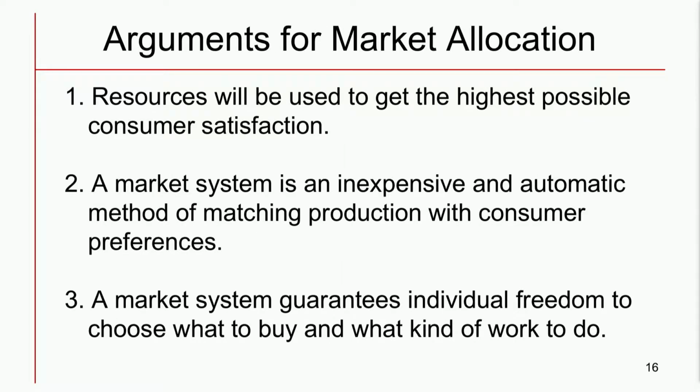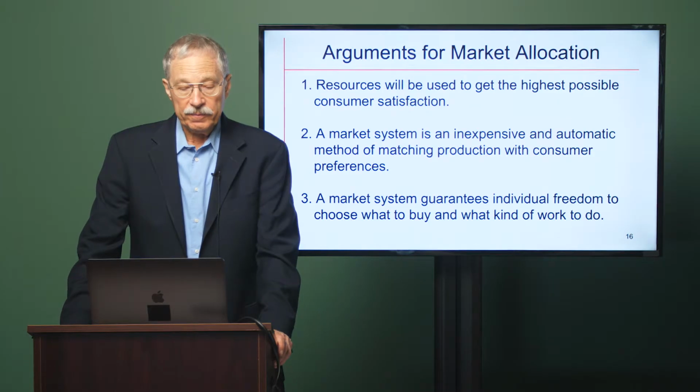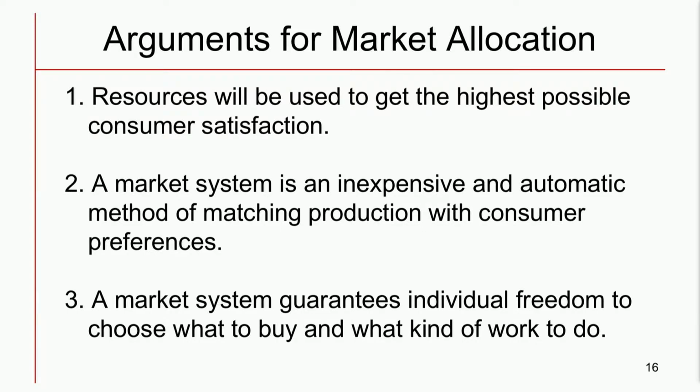Now, there are arguments that a market allocation system is a good one. The arguments include that resources will be used to get the highest possible consumer satisfaction under market allocation, that a market system is an inexpensive and automatic method of matching production with what consumers want.